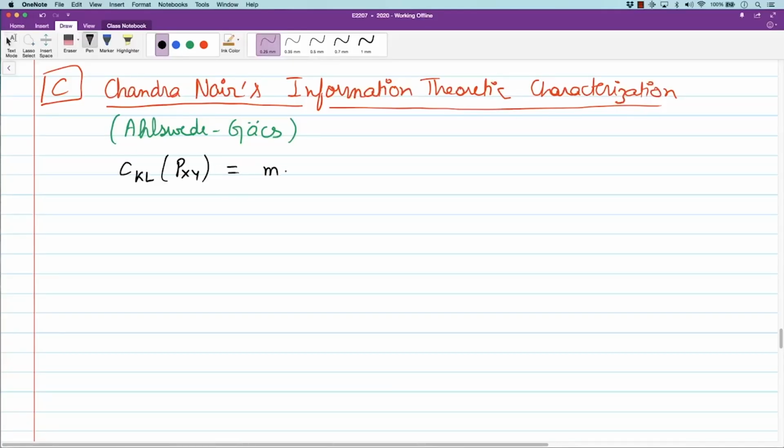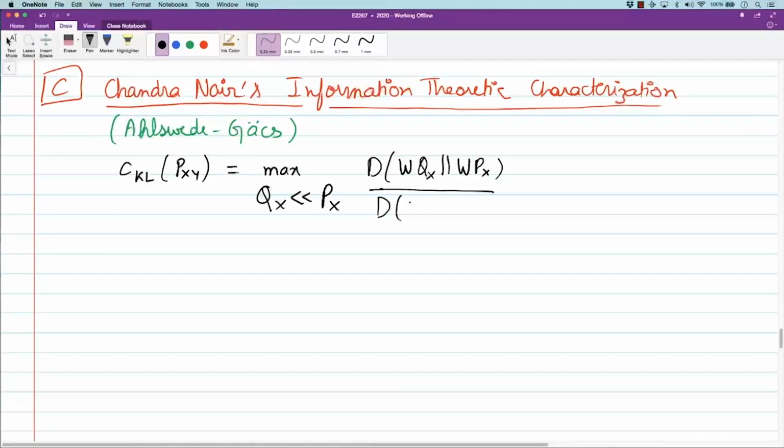It's defined as the max over all input distributions Qx that are absolutely continuous with respect to Px of the divergence between WQx and WPx divided by the divergence between Qx and Px. Okay, that's the strong data processing constant here.